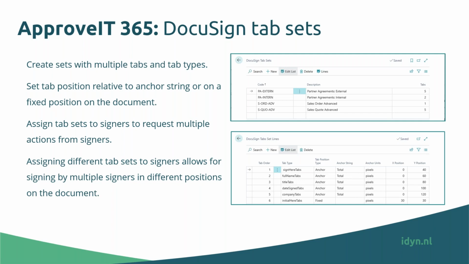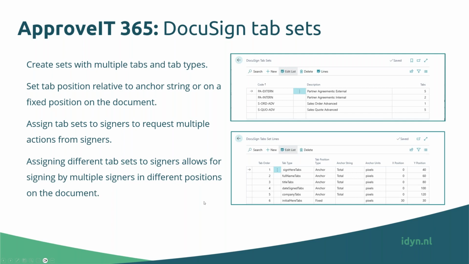Instead of that, we simply have that anchor string, and each time that anchor string is found, we will position that tab over there, or DocuSign will assign that. And in our configuration, we will see in a moment how that's set up for those initials that we just saw for those three pages.